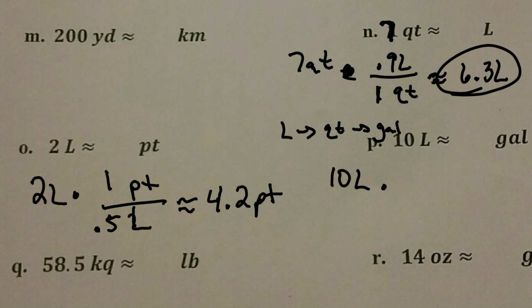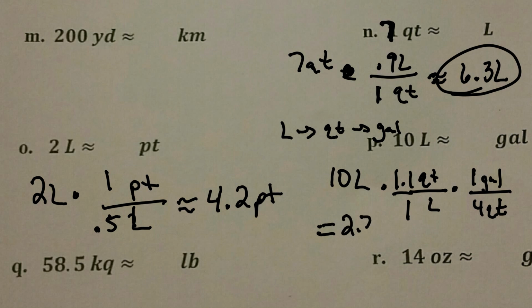So 10 liters, I'm going to multiply by quarts over liters. So 1 liter is 1.1 quarts. Then I'm going to multiply 1 gallon all over 4 quarts. So I do 10 times 1.1 divided by 4. I end up with 2.75 gallons.